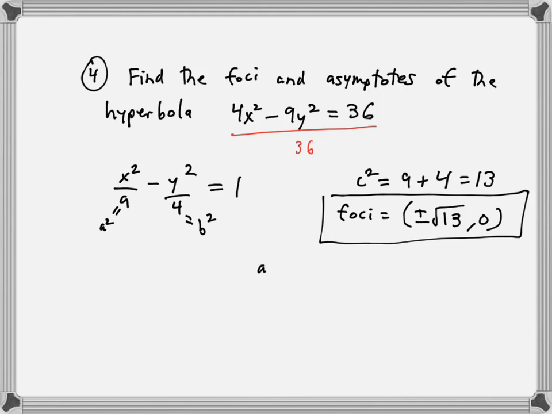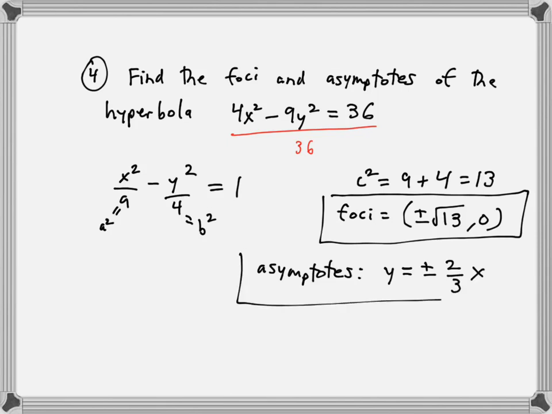So the asymptotes are y is equal to plus or minus b over a x, in other words, 2 over 3 x. So these would be your asymptotes. Pretty simple, right? It's not too bad once you get familiar with those equations, and I'm hoping that you guys remember this stuff from before.